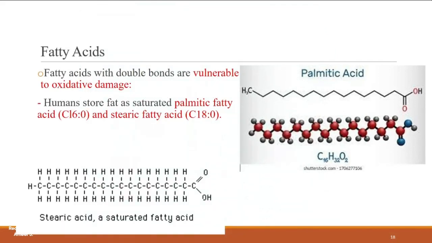Well, you have to know fatty acids with double bonds are vulnerable to oxidative damage, and humans store fat as saturated palmitic fatty acid and stearic fatty acid. That's very important, and other warm-blooded organisms do too.